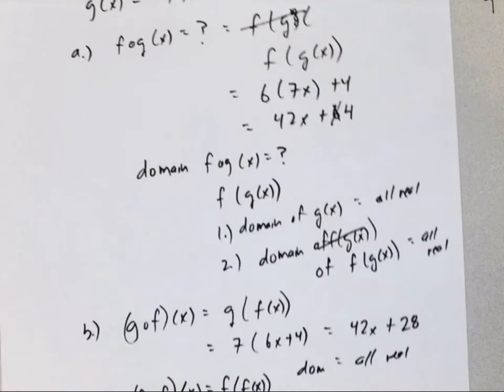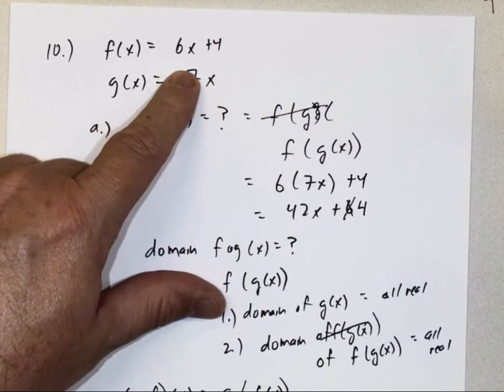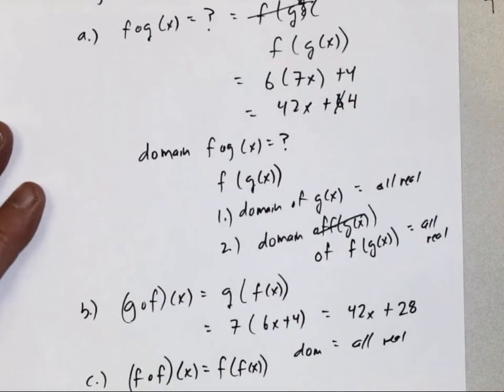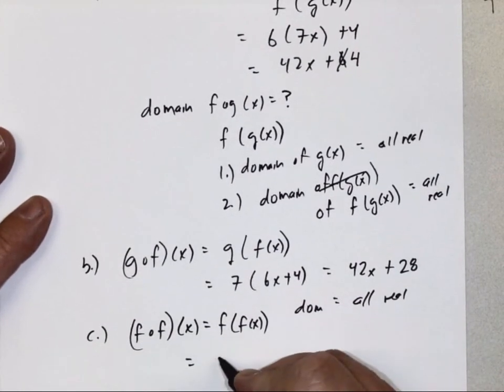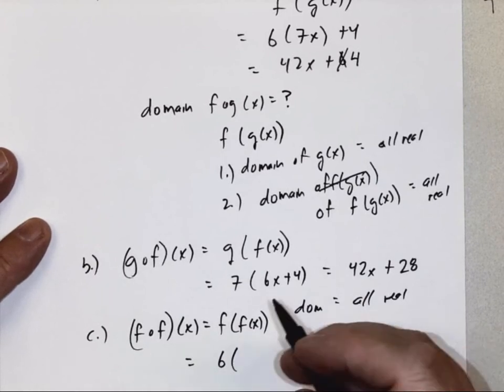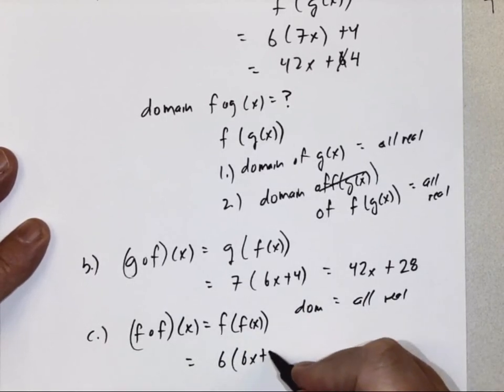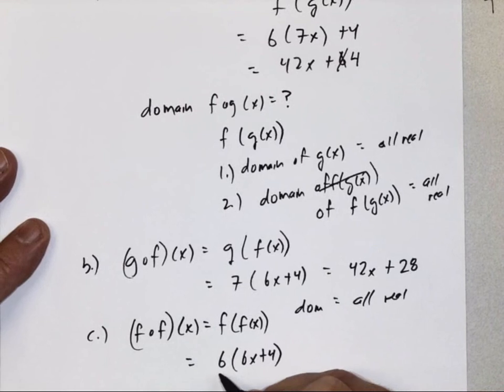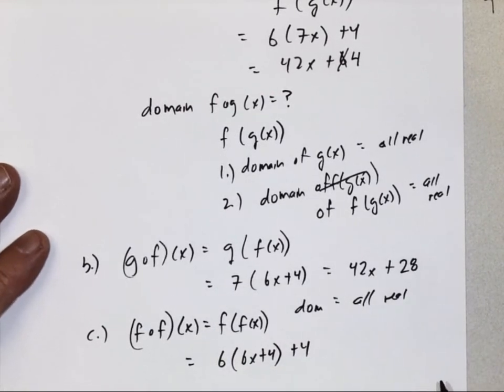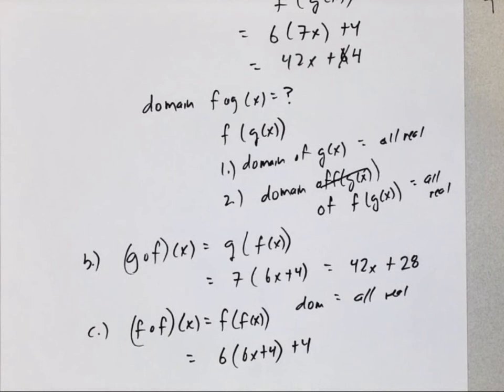So you take your f function, every place you have an x, you replace it with the f function again. So 6 times x, but instead of x, I put in the f function, 6x plus 4, plus 4, right?